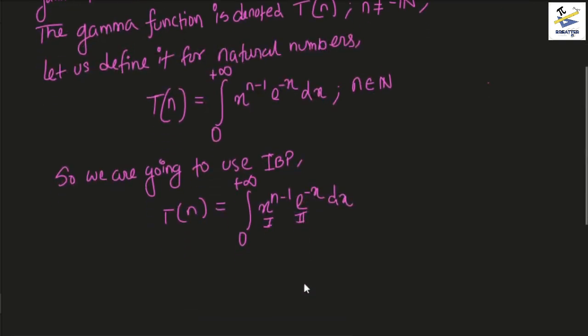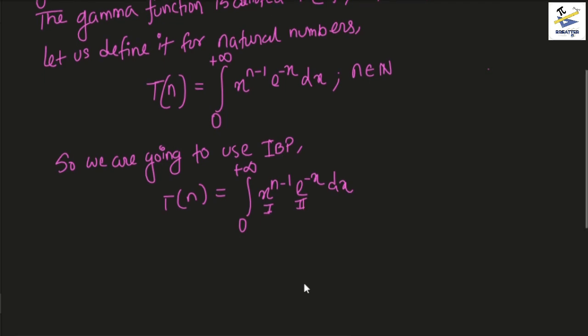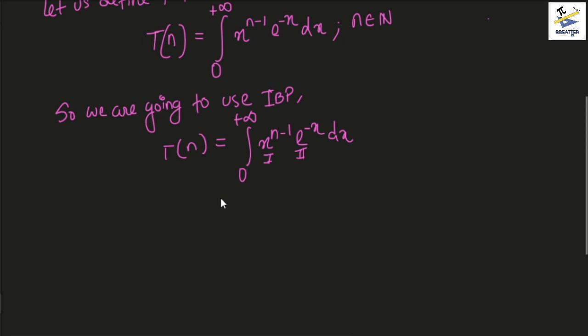Now since we do know the procedure for integration by parts, we can apply the following: the integral of x to the power n minus 1 multiplied by e to the power minus x dx, evaluated from 0 to infinity. This is because we are directly doing the IBP on a definite integral rather than an indefinite integral.